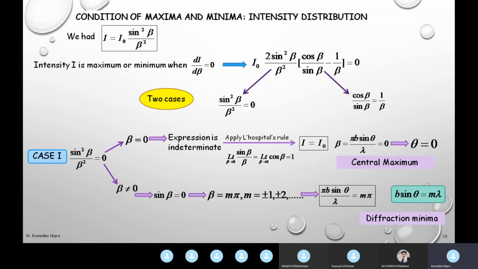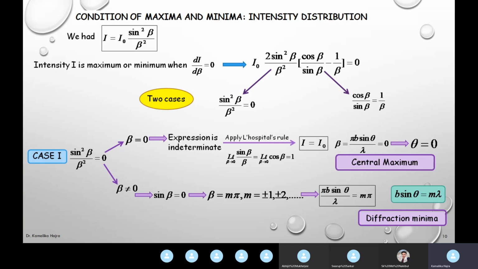So from the first case of maxima or minima, we get two conditions on the fringe pattern on the screen. At theta equal to 0, beta becomes 0 and we get the central maximum, and at theta equal to sine inverse of m lambda by b, we get sine beta equal to 0 but beta not equal to 0, and this makes the intensity 0, which gives us the diffraction minima.